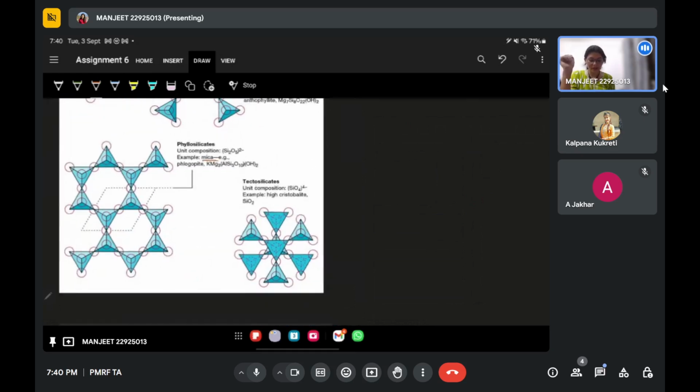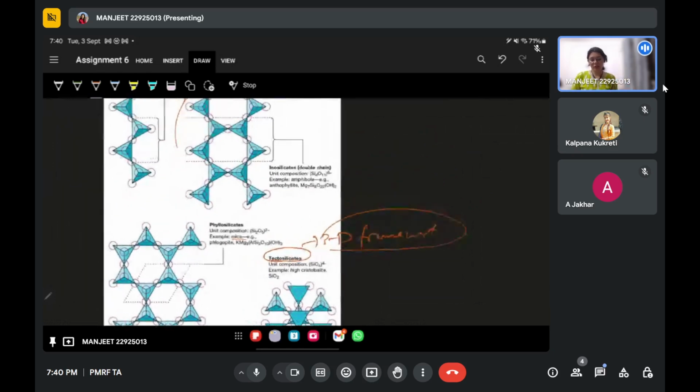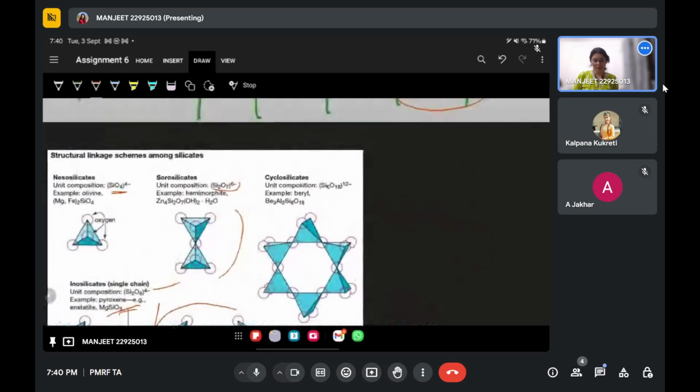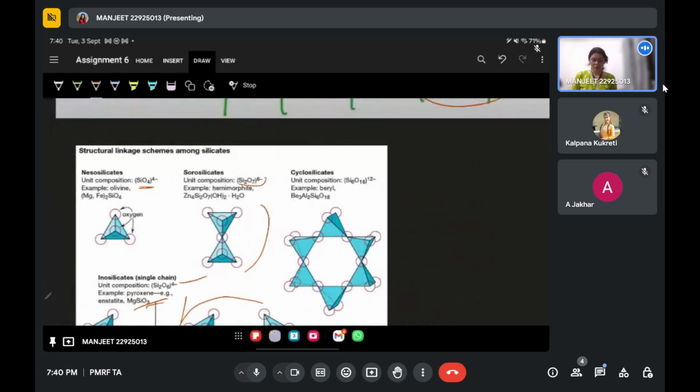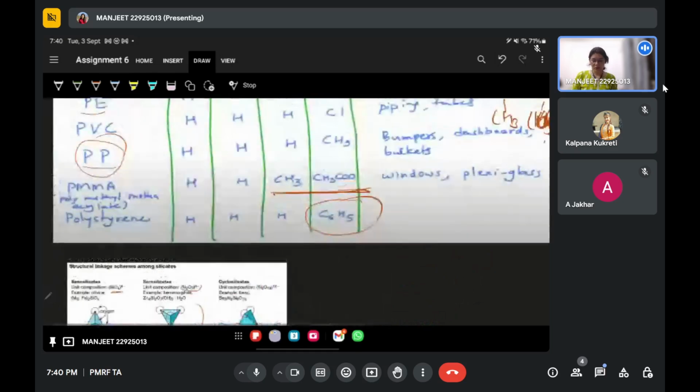And the tectosilicate has a three-dimensional framework, where the silicates are arranged in three dimensions. You can see here, this is the three-dimensional one. So these are the different kinds of silicates, and their naming is based on how they are arranged, their structural linkage.